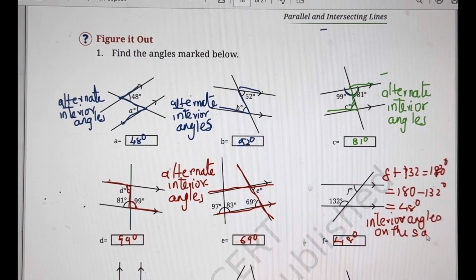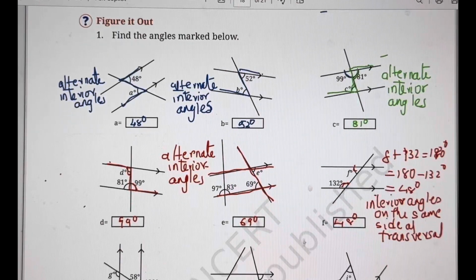They are not equal, they are supplementary. Remember that. Same side of transversal. The name itself suggests, you can see this is transversal and both are on the same side. So F will be equal to 180 minus 132, that is 48 degree.